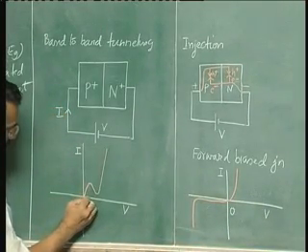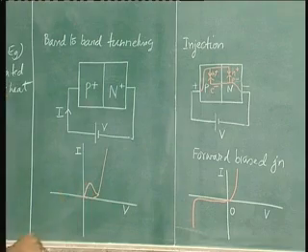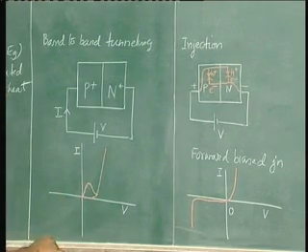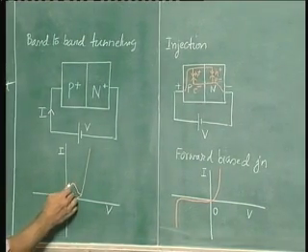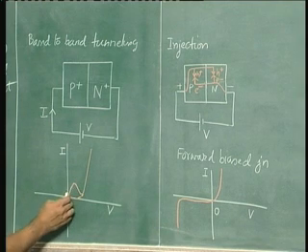So this is the curve if there is no tunneling, and this portion of the curve is because of tunneling.